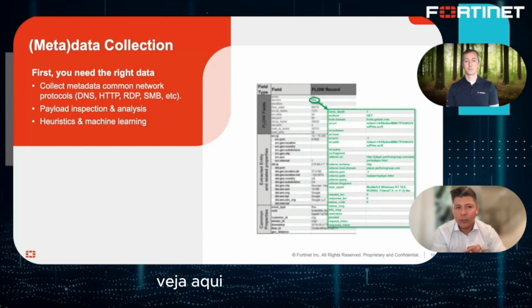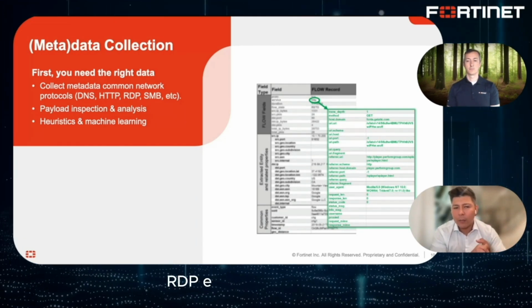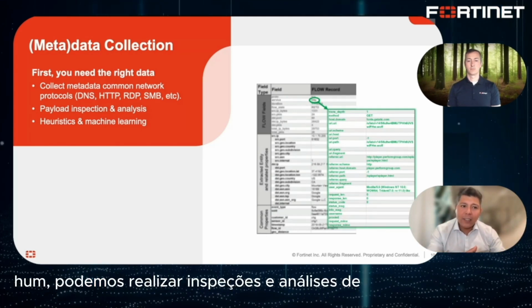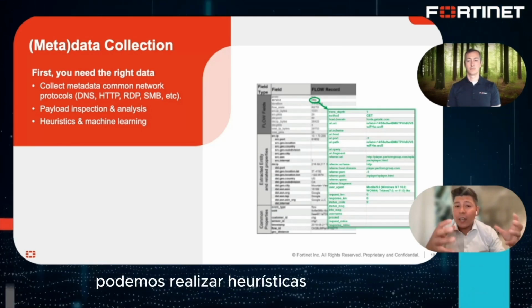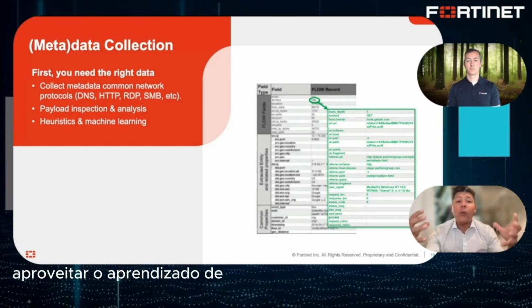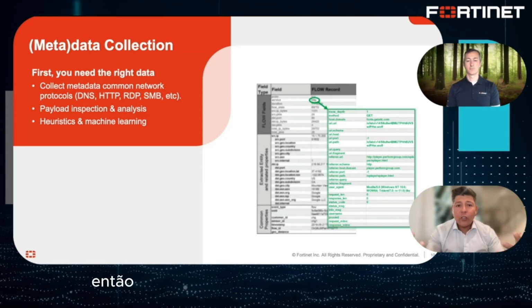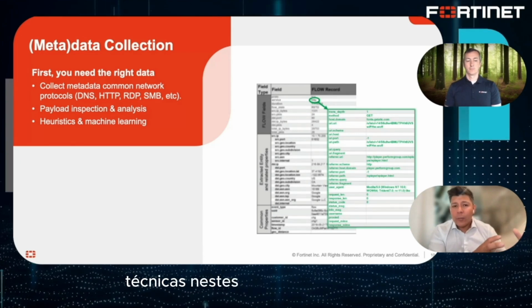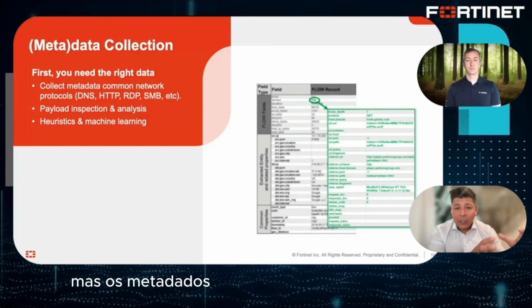You see here, DNS, HTTP, RDP, SMB, etc. We can conduct payload inspection and analysis. We can conduct heuristics and leverage machine learning to analyze this metadata. So we are employing a lot of analysis techniques on this metadata, but the metadata is crucial.